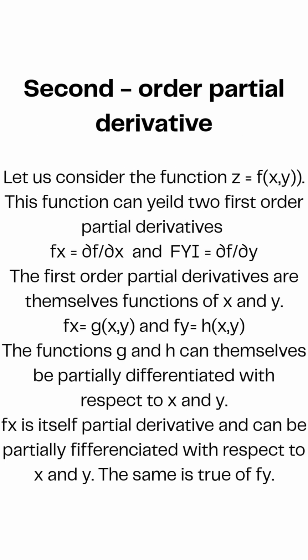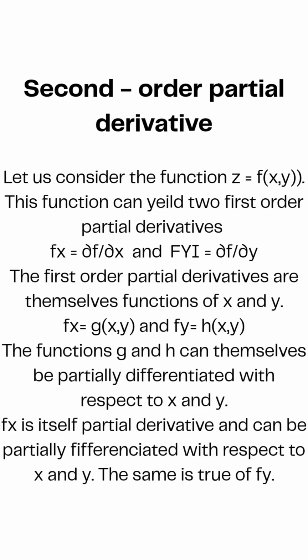Now the next topic is the second order partial derivative. In order to explain the second order partial derivative, let us consider the function z equals f of x, y. The function can yield two first order partial derivatives, that is, fx equals the partial derivative with respect to x and fy equals the partial derivative with respect to y.